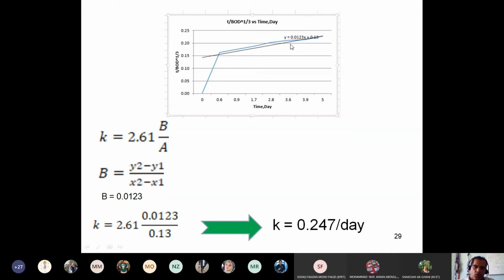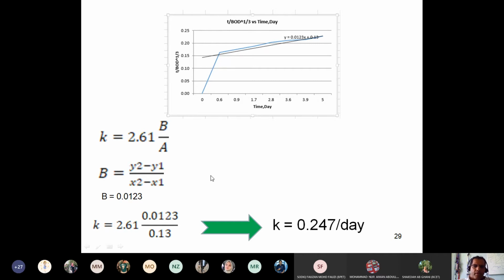I will not go for this, I will go for this straight line. I will get slope 0.0123, and then K equals, from 2 points, this is constant, this is in the equation, this is given. There is an equation that says K equals 2.61 multiplied by slope divided by intercept A. This is slope, this is intercept A.